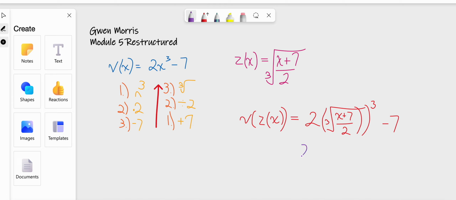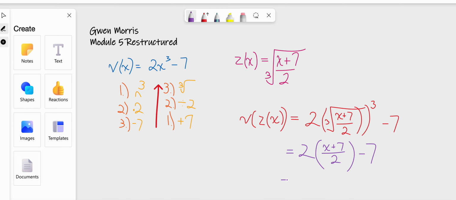So it's going to come out to 2 times the quantity of x plus 7 divided by 2, oh sorry, that one's not to the third power anymore, minus 7. That'll be my first step here. Next, I'll be multiplying by 2 here. Since there's a 2 on the top and a 2 on the bottom, that makes a 1 pair. So 2 divided by 2 is 1.